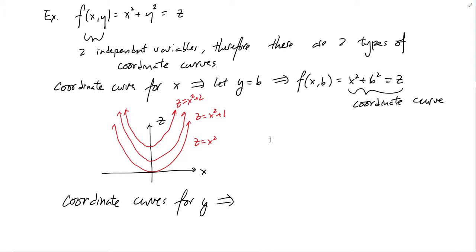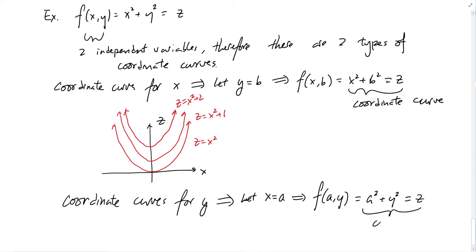Okay, so in this case, to form the coordinate curve for y, I'm going to let x equal to some constant a, and therefore what I have is f of a, y becomes a squared plus y squared equal to z. So that's my coordinate curve.